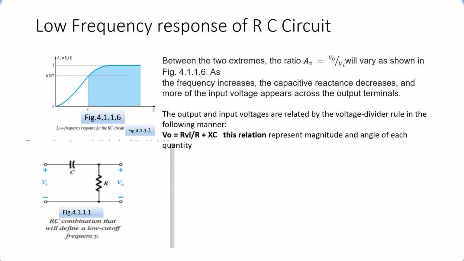At low frequency of an RC circuit between two extremes, the voltage gain Av is equal to V0 upon Vi, which is shown in this figure. The output voltage can be written as R times Vi upon R plus Xc. This relation represents the magnitude as well as the phase of the output voltage.